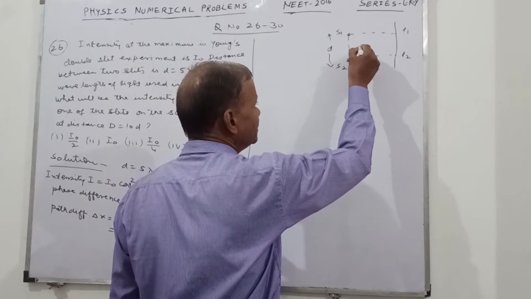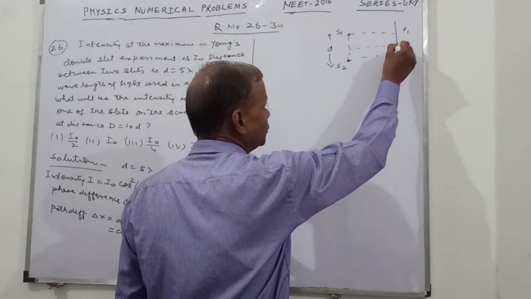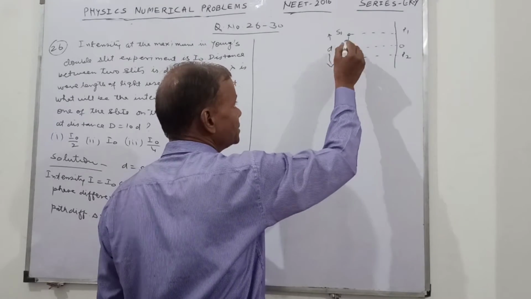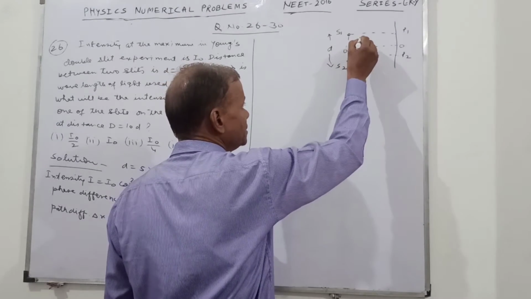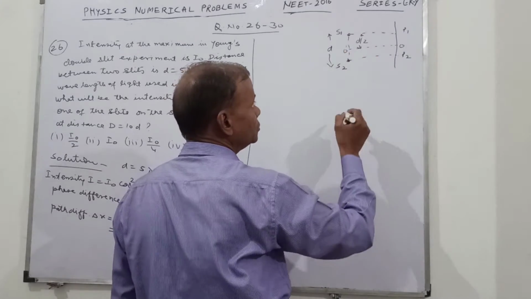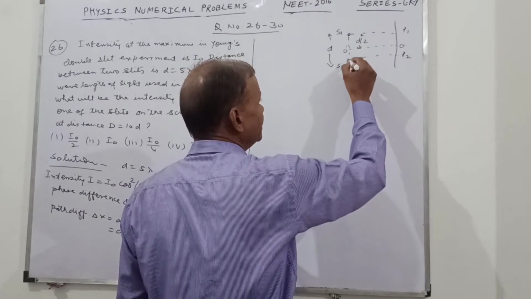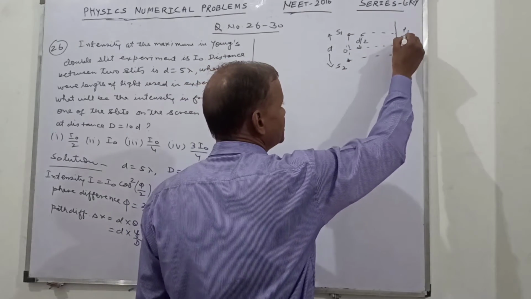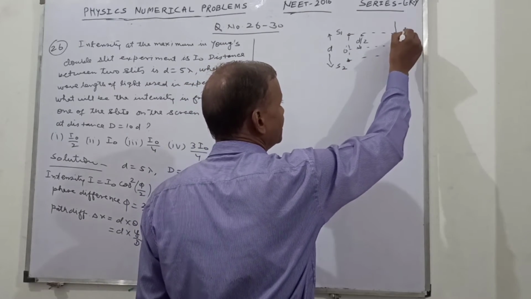So now we have this origin O, this is the middle point. Suppose O dash, then this distance is d by 2. This is given as your y.